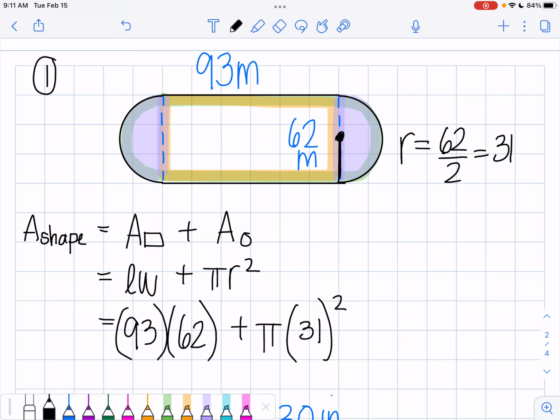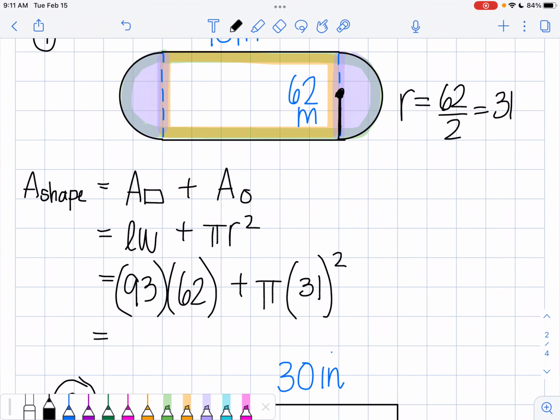Okay, now depending on if they want an exact answer or if they want an answer that's rounded, we can do both. So I'm going to take 93 times 62, and that gives me 5,766. And 31 squared gives me 961 times pi.